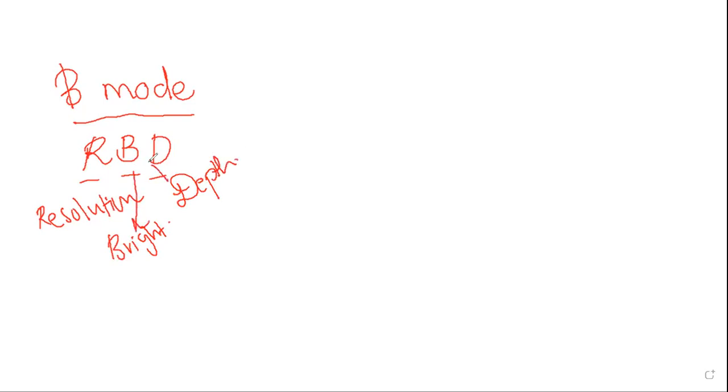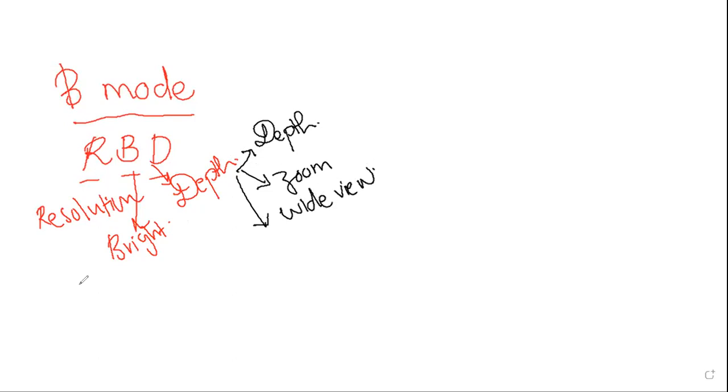Okay, now what we have discussed is this one and this one. Let's see. In the depth, there was the depth itself. Okay, and then the zooming function, we've chosen one part, and then the wide view or the trapezoid view or the virtual convex.